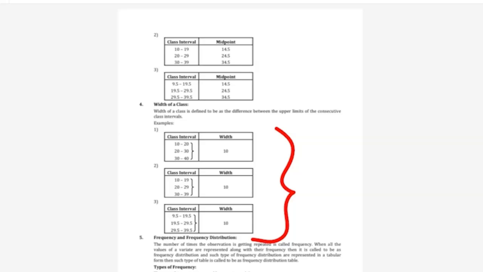Check it out for a continuous data, for a discrete data, and a discrete data which is converted into a continuous data.